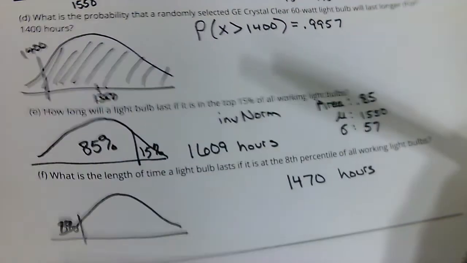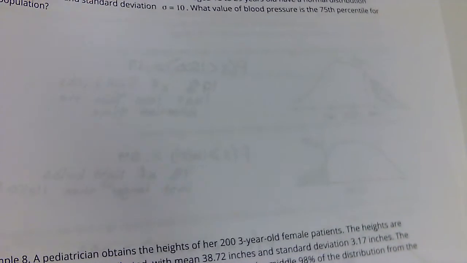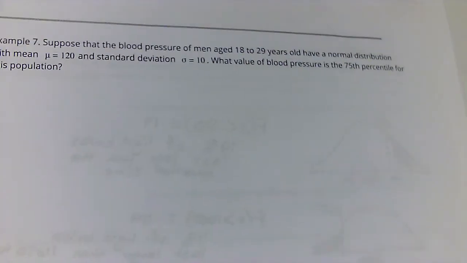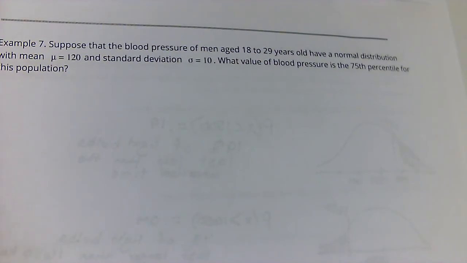Let's look at another example. Suppose that the blood pressure of men aged 18 to 29 years old have a normal distribution with mean 120 and a standard deviation of 10. What value of blood pressure is in the 75th percentile for this population?